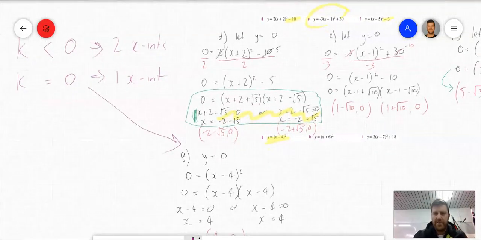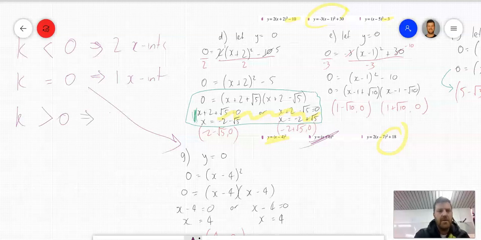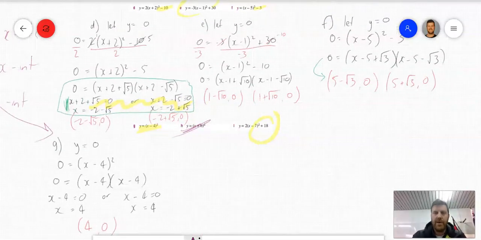So I'm actually going to skip H for you and look at I, where k is actually equal to a number that's greater than 0. And when k is greater than 0, there are no x-intercepts. And the reason being is we can't actually factorize this using difference of perfect squares.